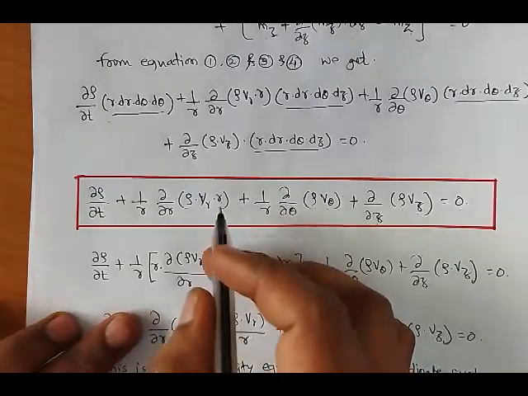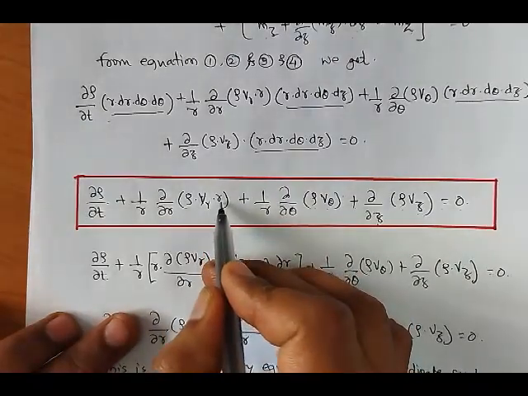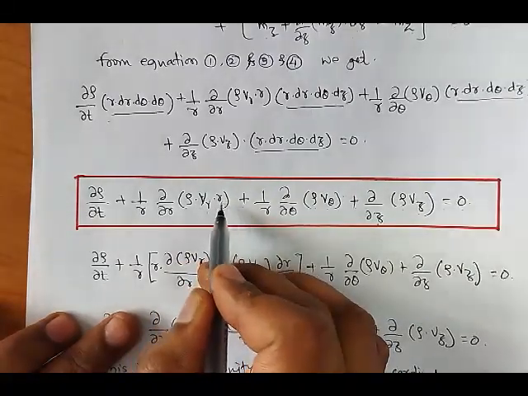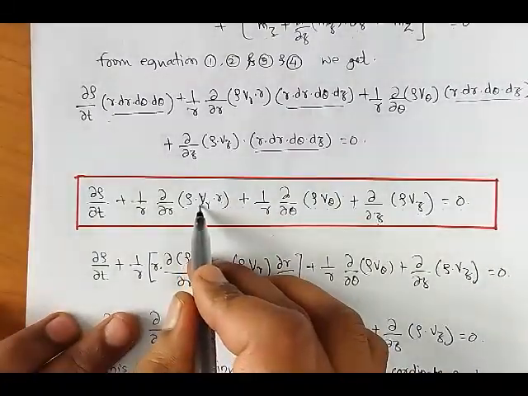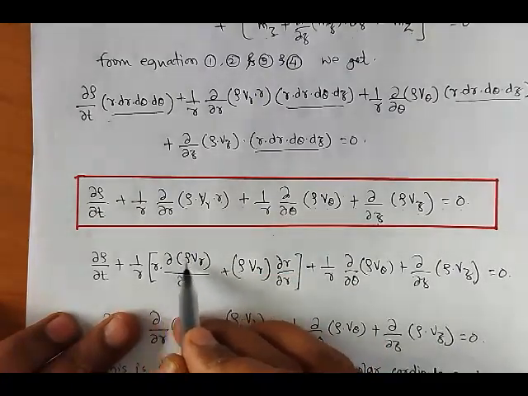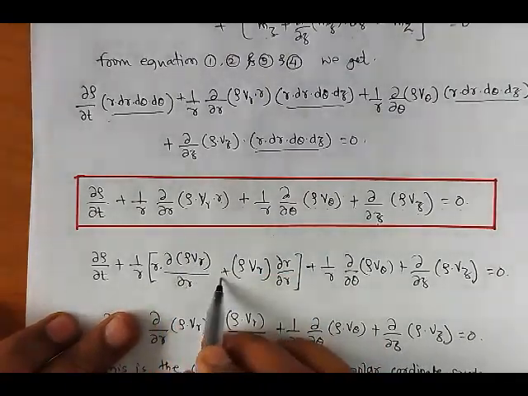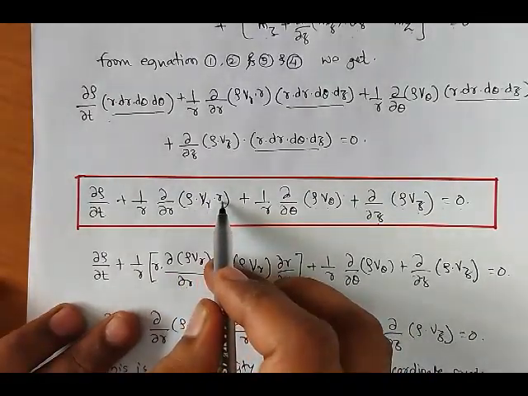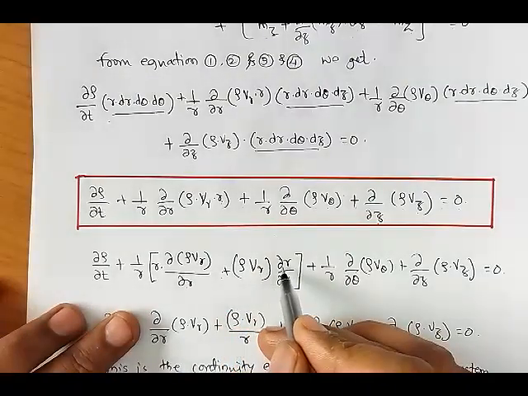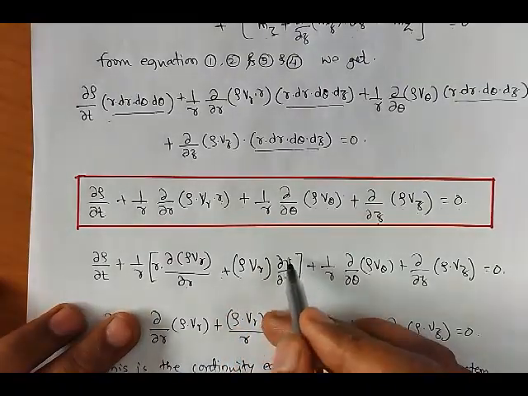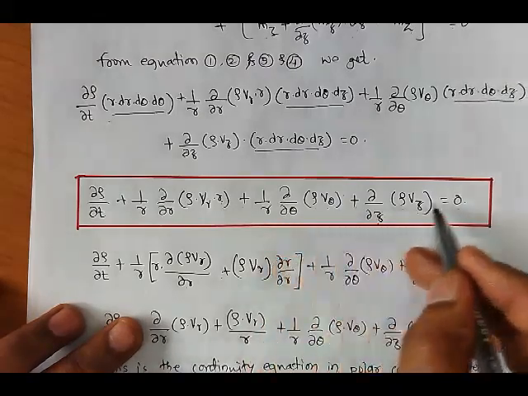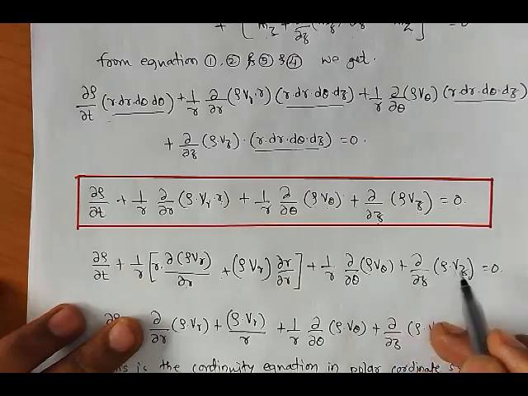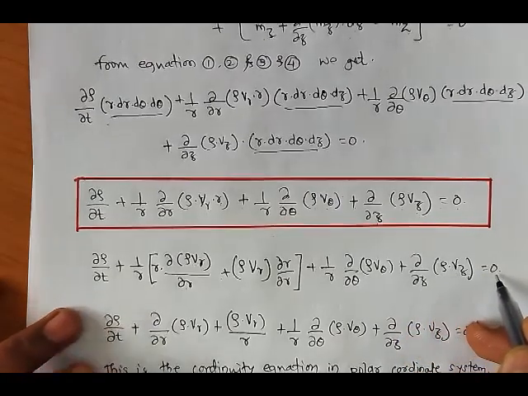We take the first derivative of this term while the radius is constant, so ∂(ρ v_r)/∂r, plus the other term constant and the derivative of r, so ρ v_r ∂r/∂r. The remaining equation is as it is: (1/r) ∂/∂θ of (ρ v_θ) plus ∂/∂z of (ρ v_z) is equal to 0.